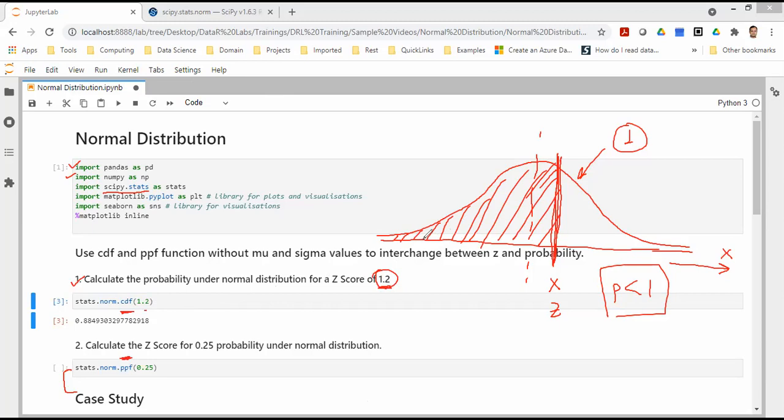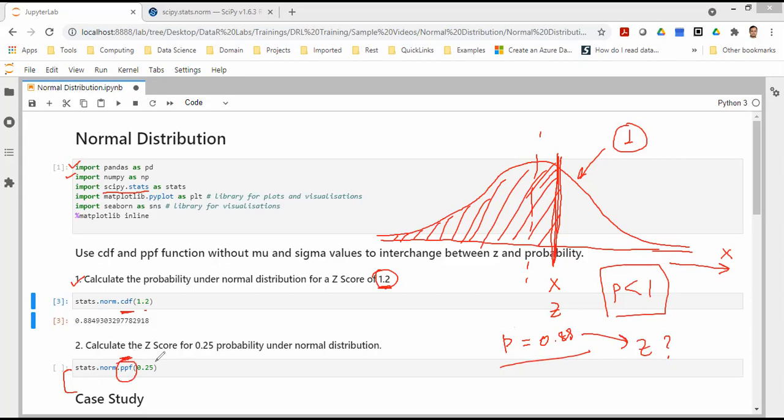Now, the flip side of this could be, if someone tells you, okay, give me a z-score for which the probability is maybe 88%. So in order to calculate the z-score corresponding to this 88%, I use another function, which is the PPF function.